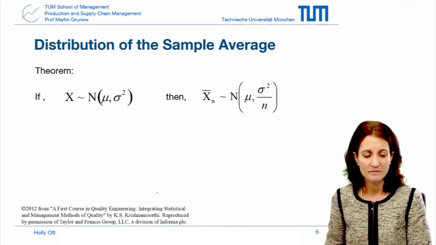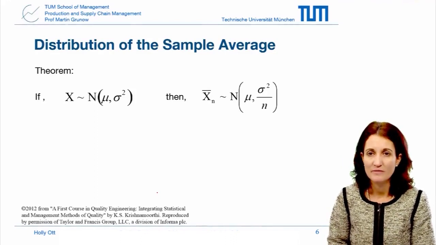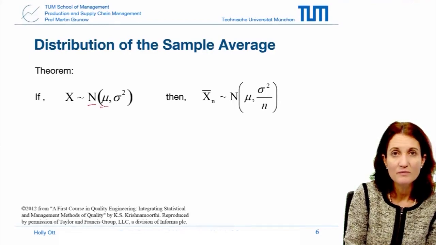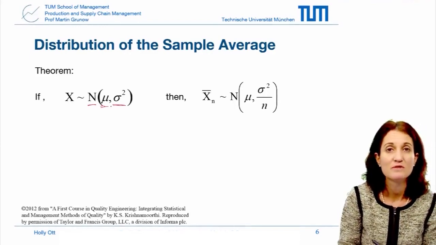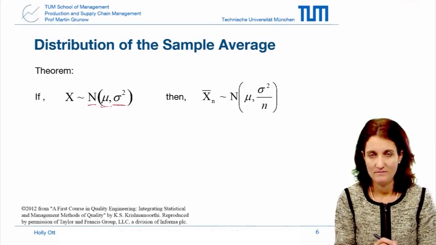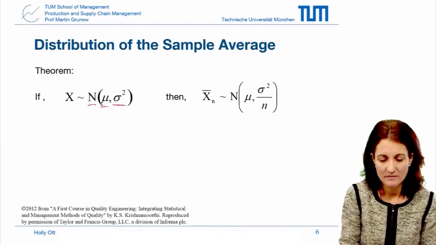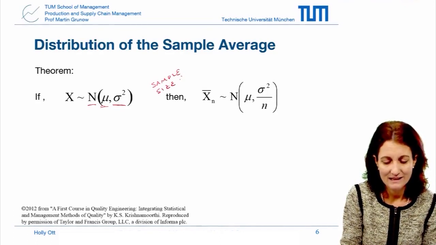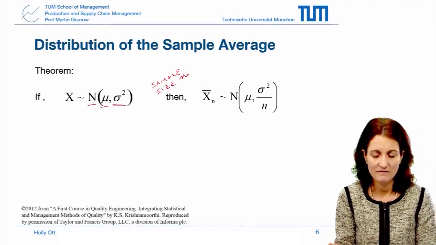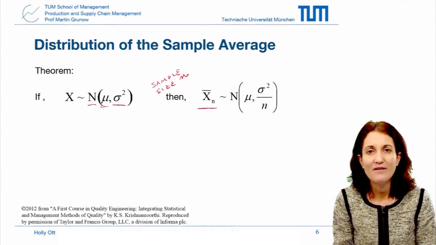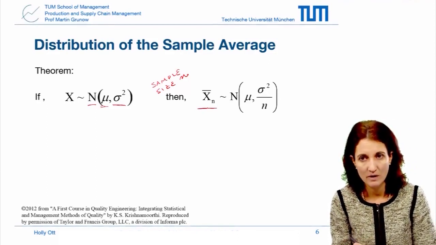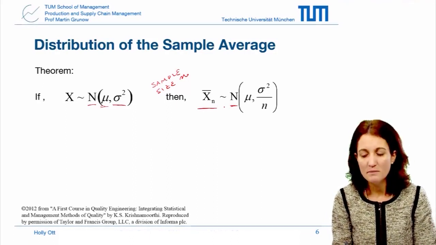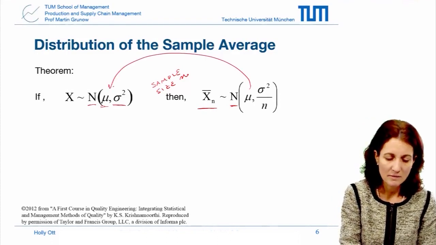So we have a theorem. If x is a random variable which is normally distributed with a mean mu and a variance of sigma squared, then if we take a sample of size n, the average of that sample, x bar sub n, is also normally distributed with a mean equal to the population mean.